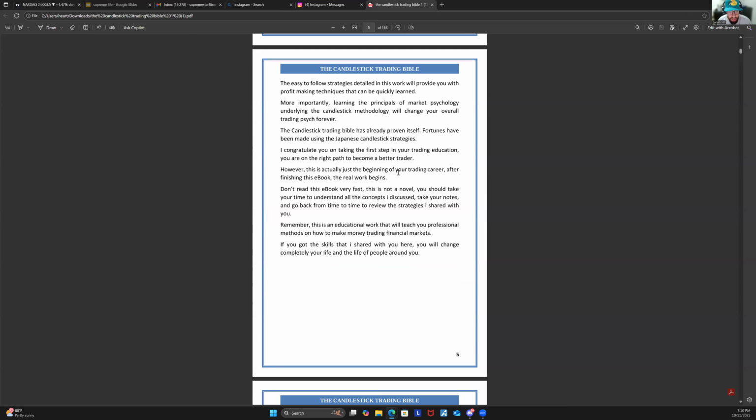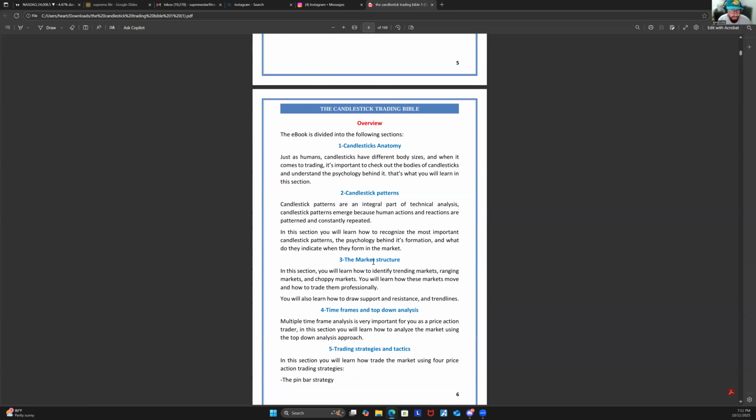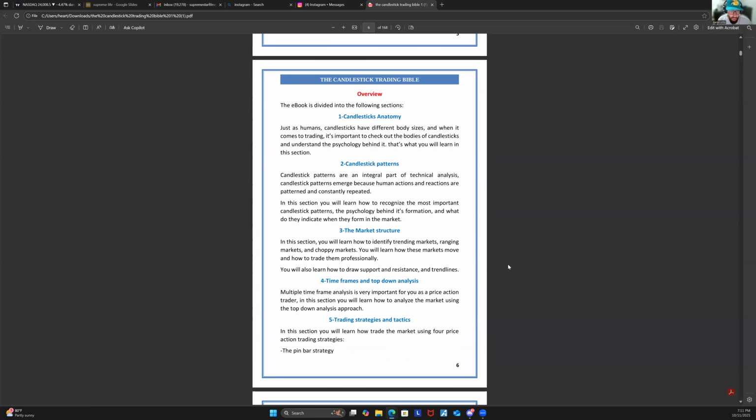However, this is actually just the beginning of your trading career. After finishing the book, the real work begins, which is the technical analysis that I'm going to be showing you, the lines and why you got to put those lines where. Remember, this is an educational book that will teach you professional methods. And this is very important, an overview.